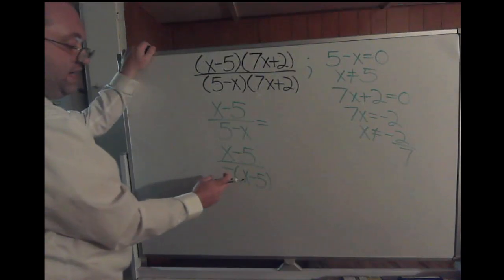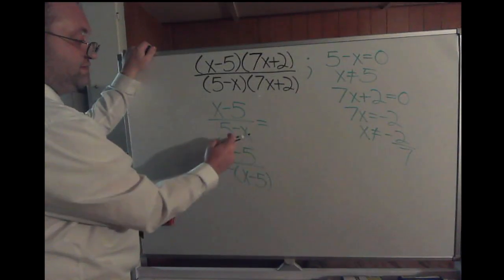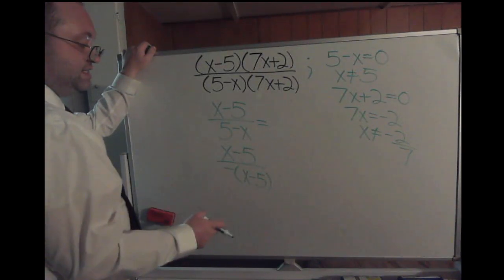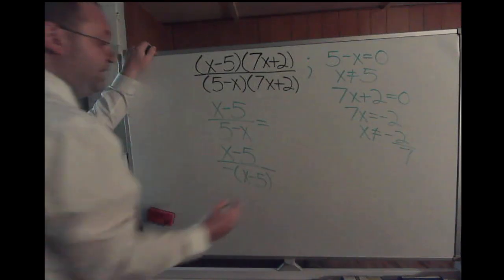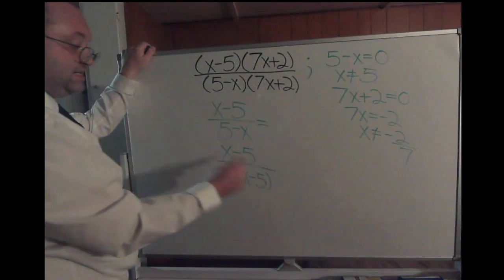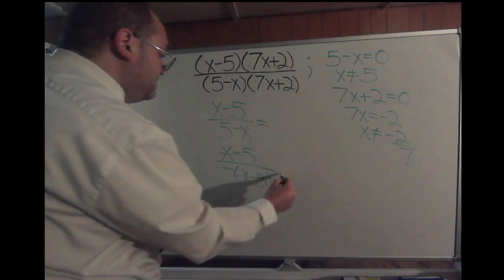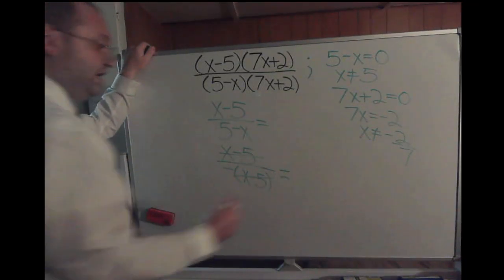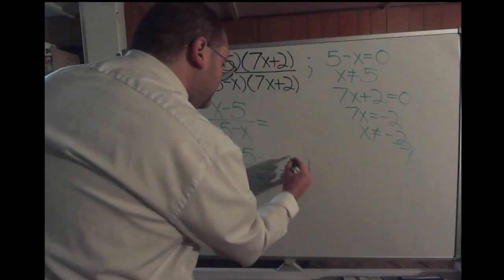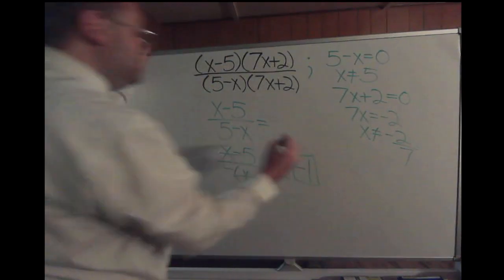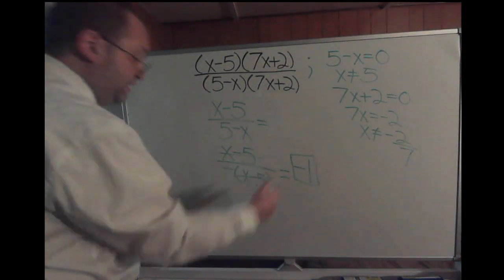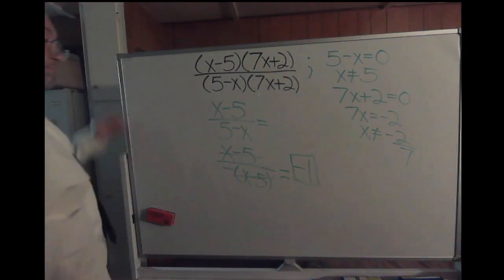You distribute that, you would get -x plus positive 5, which is 5 minus x. Well, now it's plain to see we have an x minus 5 in the numerator and denominator that'll factor out. So all you're left with is 1 over -1, or just simply -1. So the simplification of this is going to be -1.